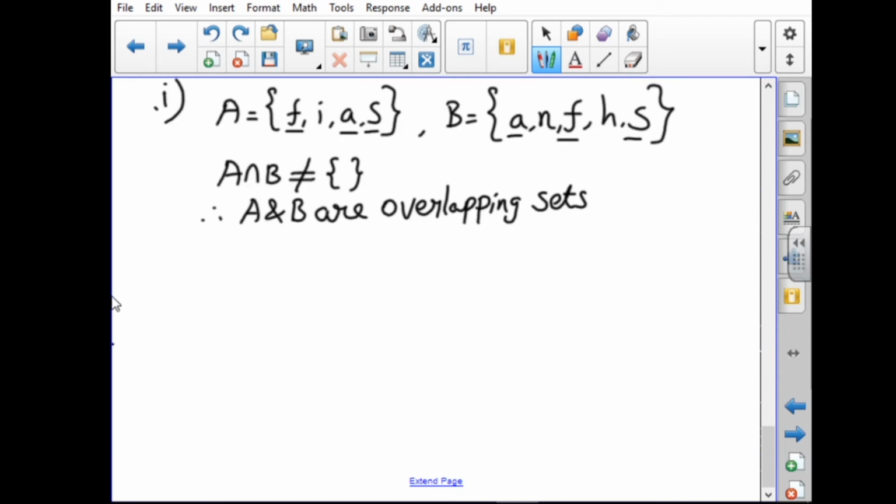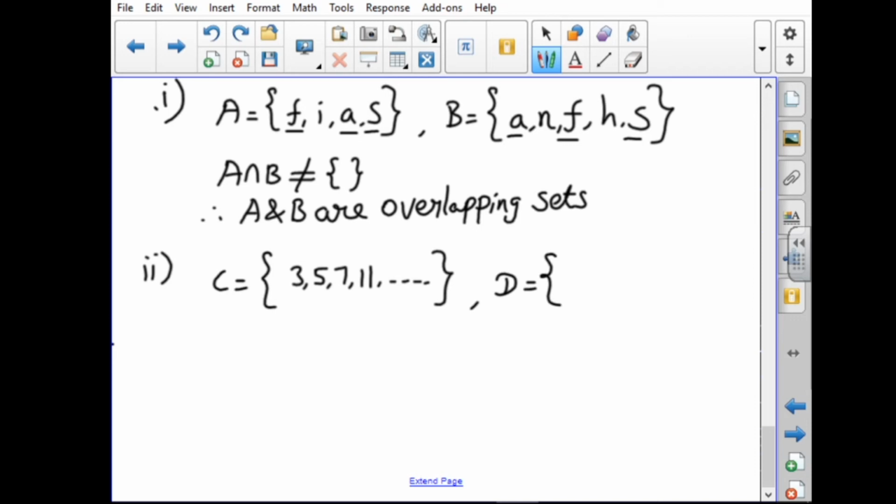Then next one, second one, C is equal to {x such that x is a prime number, x greater than 2}. Prime numbers we know start from 2, but here x is greater than 2, so 2 is not included. 3, 5, 7, 11 and so on. It continues endlessly. And D is equal to {x such that x is an even prime number}.